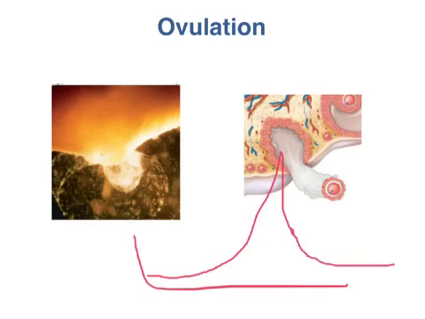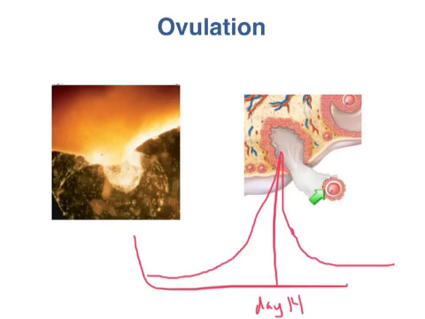And this surge happens at about day 14 in the menstrual cycle. The surge in luteinizing hormone weakens the wall of the ovary, so that the fluid pressure that's been building up in the antrum pushes through the wall of the follicle and releases the oocyte.